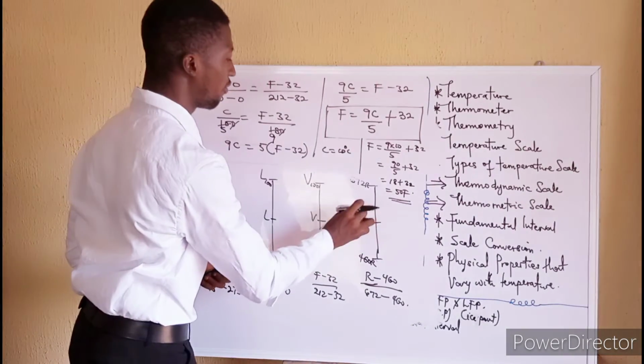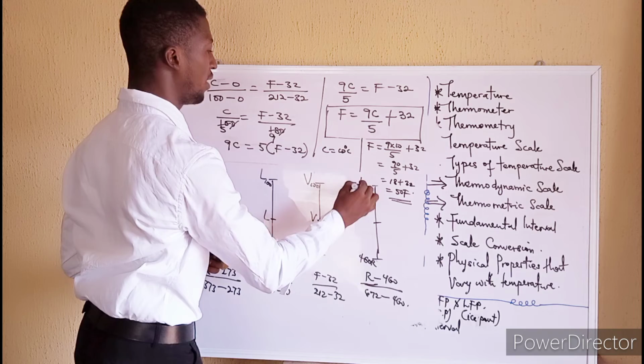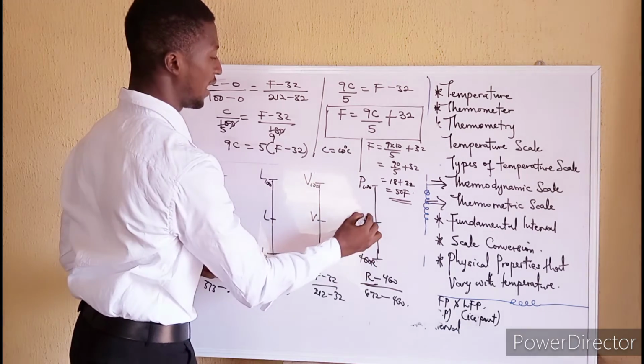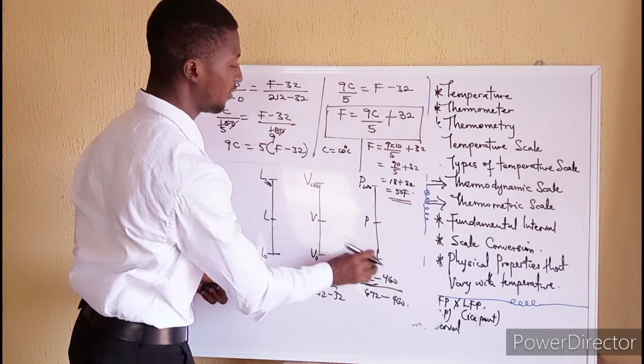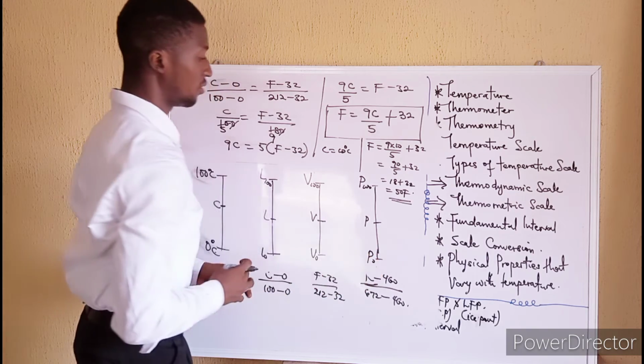You can also have the pressure here, the pressure at 100 degrees Celsius, and here you have the pressure at 0 degrees Celsius.